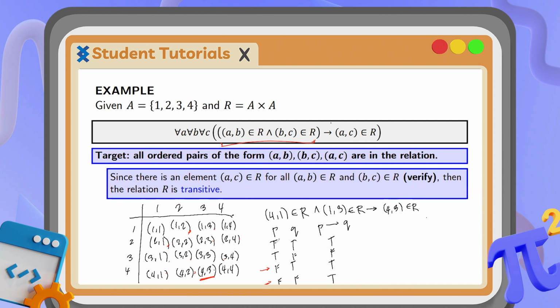Additionally, what we showed a while ago, which is this one, where the premise and consequent are both true, means that it satisfies the transitive property. And it will only become false if this is true and this one is false. So that is for the transitive property.